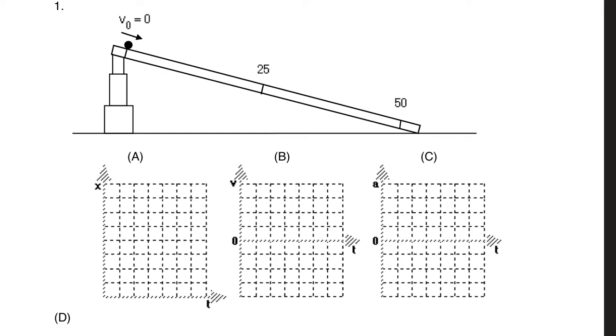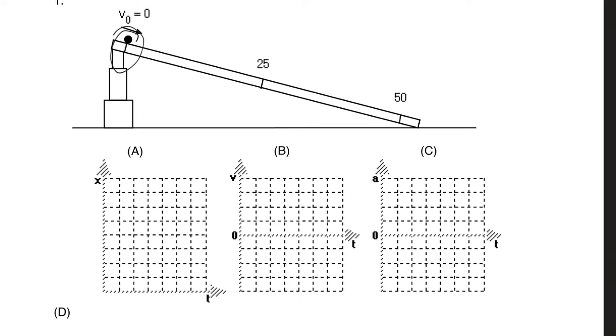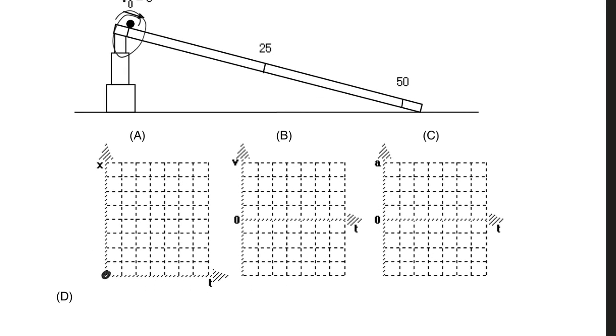At time 0, the object appears to be at the origin. That's what I see. So on my position graph, I will put a dot at the origin. Time 0, dot. At that moment, everything's good.